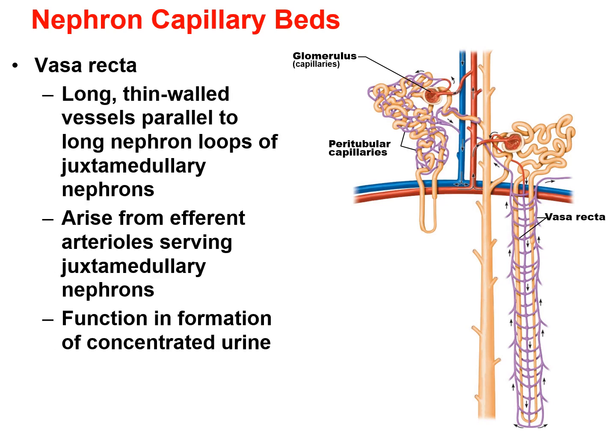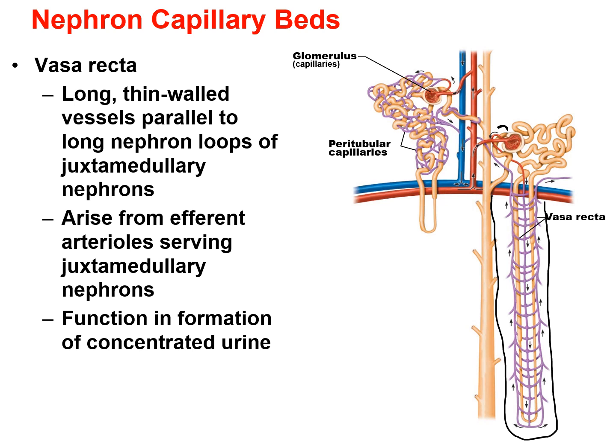And again, if you are looking at juxtamedullary nephrons and only juxtamedullary nephrons, you are going to have a vasa recta. The vasa recta is going to be these very long, thin-walled vessels that are going to run down the long nephron loops of just your juxtamedullary nephrons. They also are going to arise from the efferent arterioles that are draining the glomerulus.